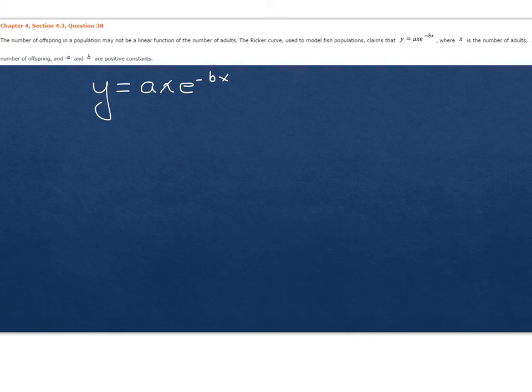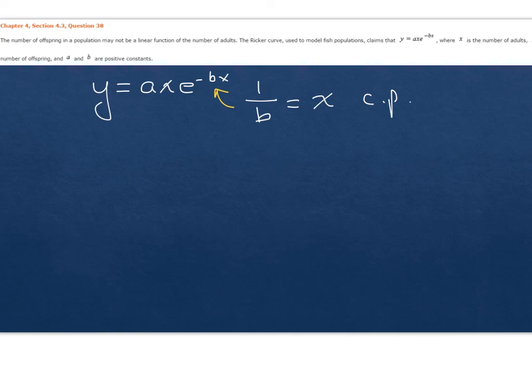Well, if you remember, these are kind of nice because in this case, the max is at x equals 1 over whatever that number b is. So that's simply my answer, 1 over b. And then what I do with this is I plug it back in. So 1 over b is my x, my critical point, and that's my max for this type of function.